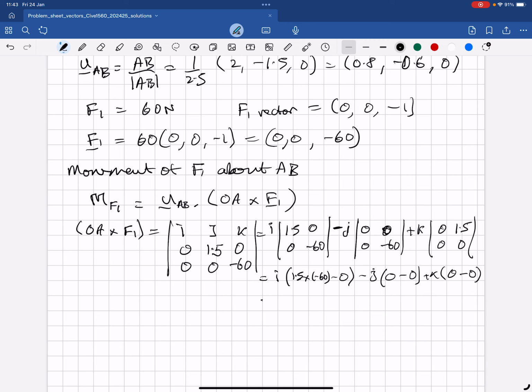So the cross product there is going to be minus 90I. We could leave it as that, but I'll just leave it for completeness: 0J plus 0K.